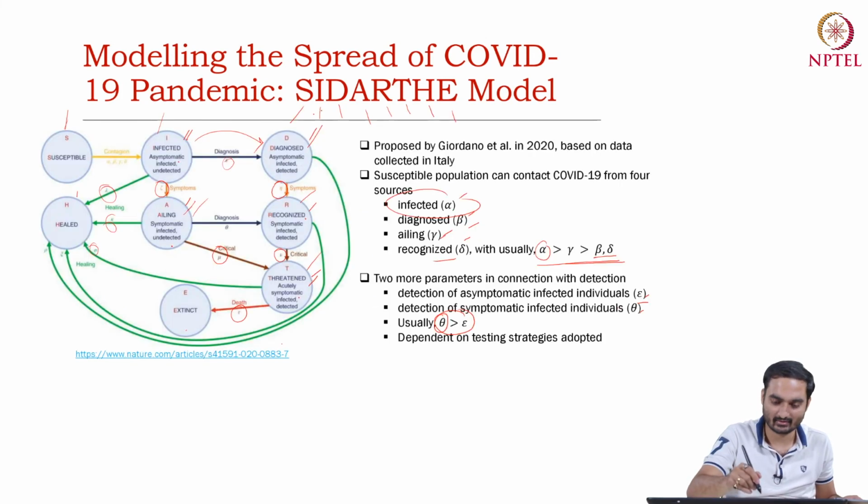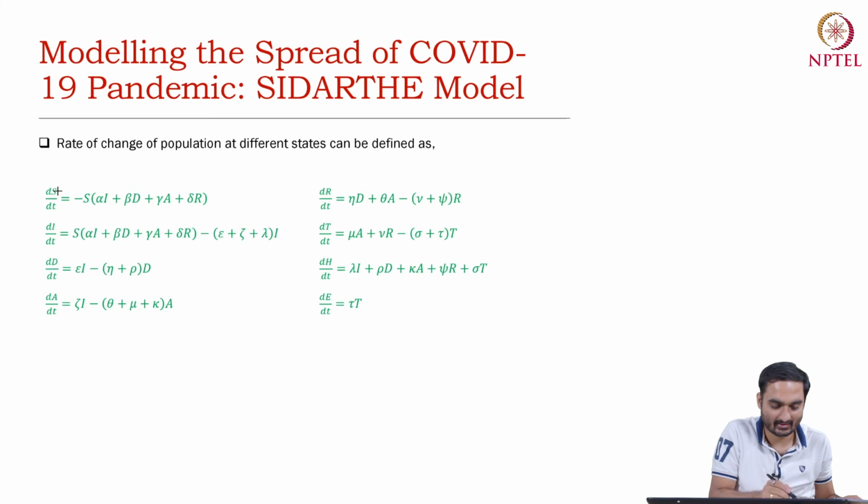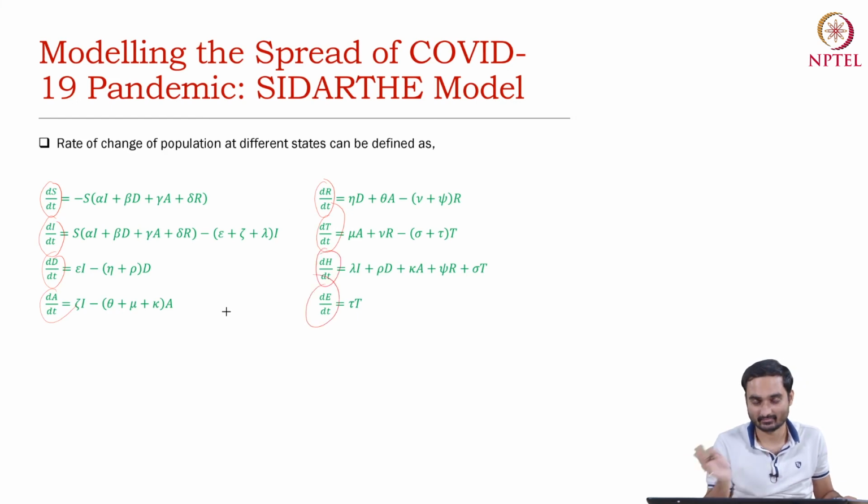You can easily look at it by keeping track of the state changes, and you see the rate of change of susceptible, infected, death, ailing, recovered, threatening, healed and extinct, right.